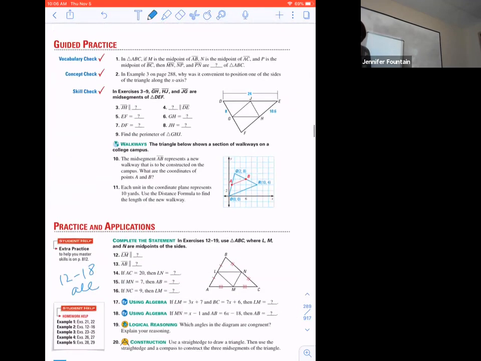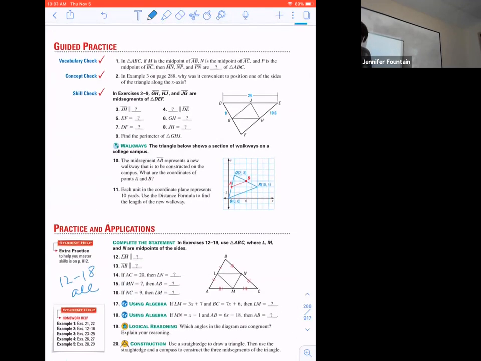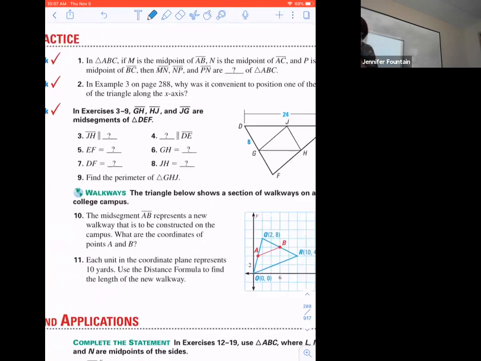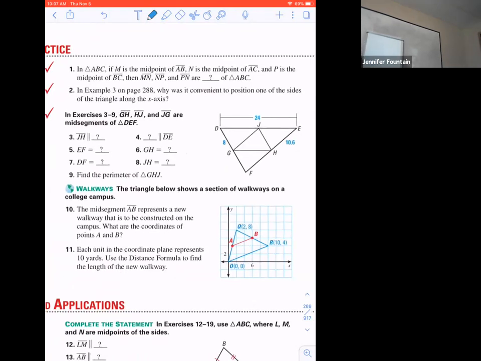Okay, so real quick, let's go ahead and take a look at the guided practice at the top of 290. Let's start with the skill check on number 3 through 8. So it says in exercises 3 through 9, GH, HJ, and JG are mid-segments of DEF. So look at number 3.